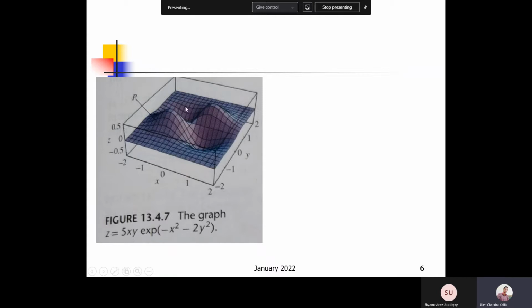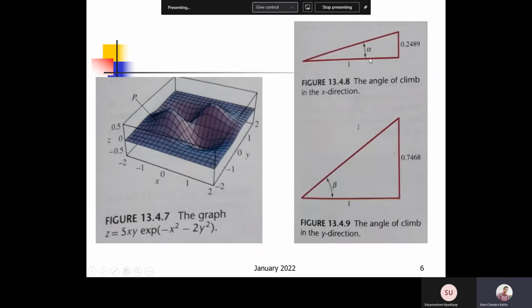What is going to be your rate of change of height if you move along the x direction, and if you move along the y direction? That is what the exercise is all about. Once I upload these slides, please check it at home. I'm just going to show you the different scenarios. Along the x direction, you will see that the angle of climb, the elevation, is different.